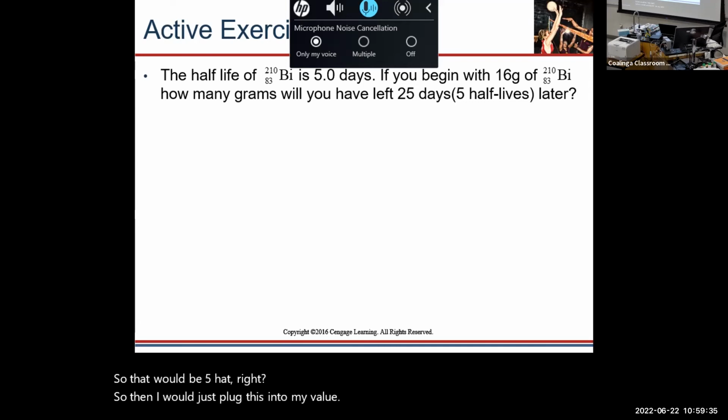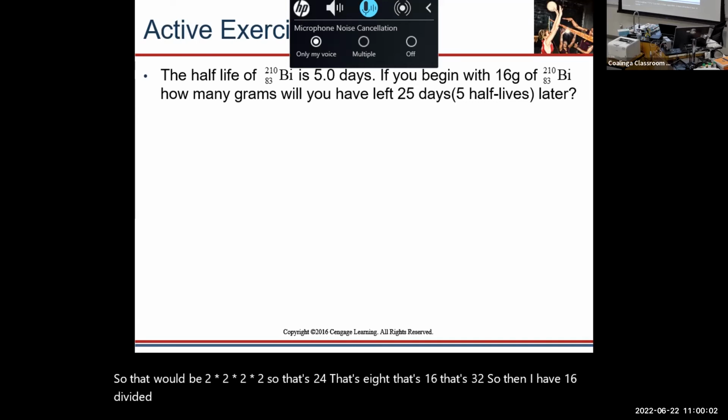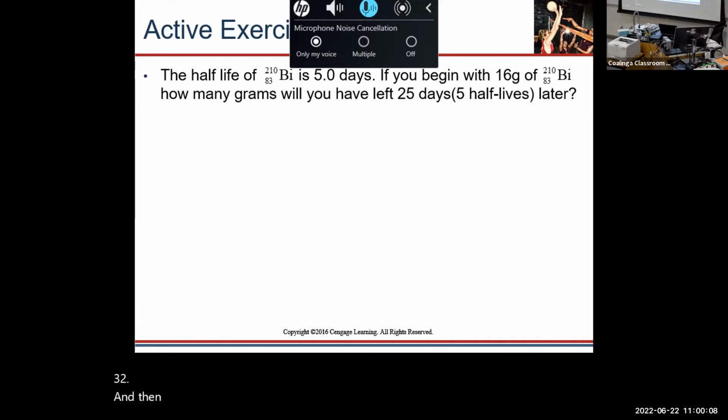My S is 16 grams, so 16 times 1 over 2 to the 5th power. So that would be 2 times 2 times 2 times 2 times 2. So that's 2, 4, 8, 16, 32. So then I have 16 divided by 32, and that would be 1/2 gram.